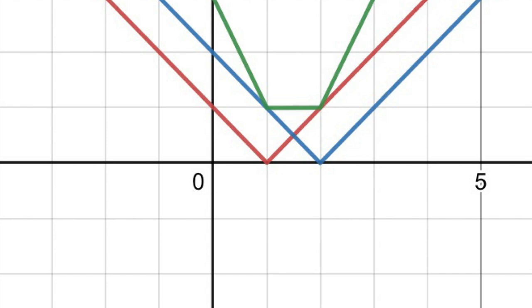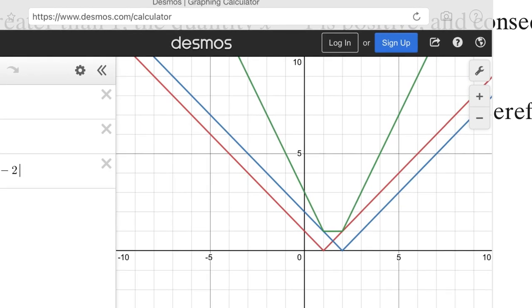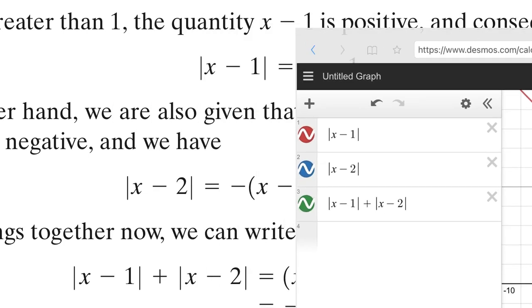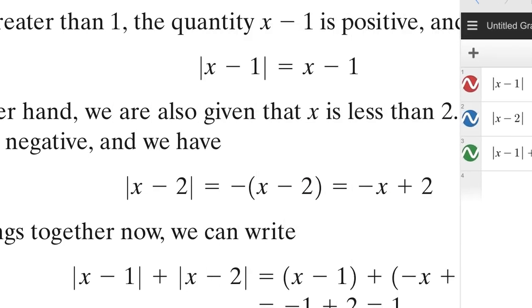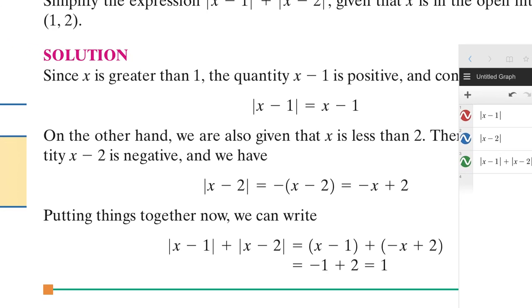And isn't that what we were talking about algebraically? If I move this aside here, as we're talking about from 1 to 2 right there, the output is exactly 1. Isn't that kind of cool? I just love that stuff.